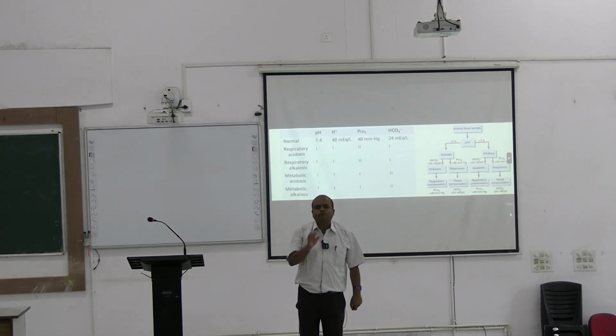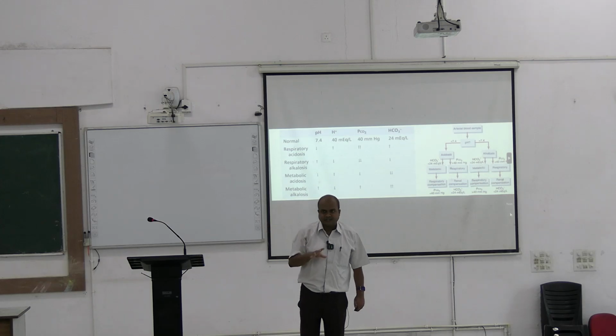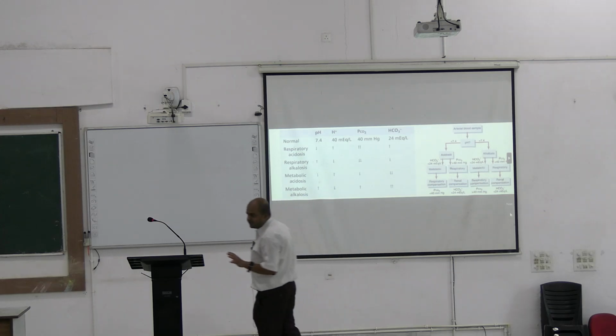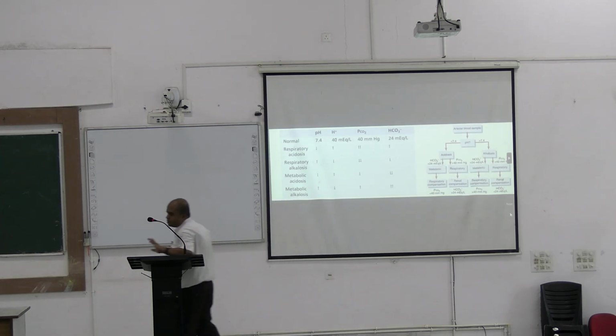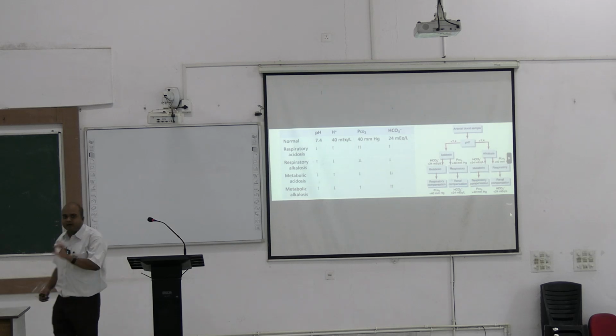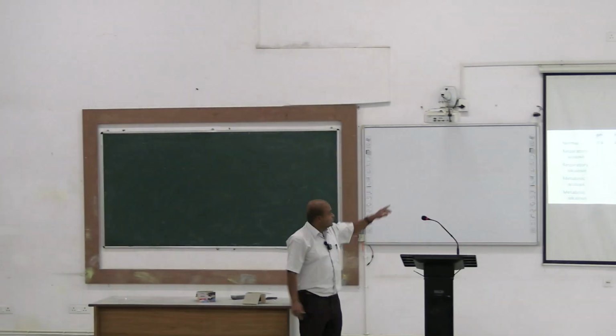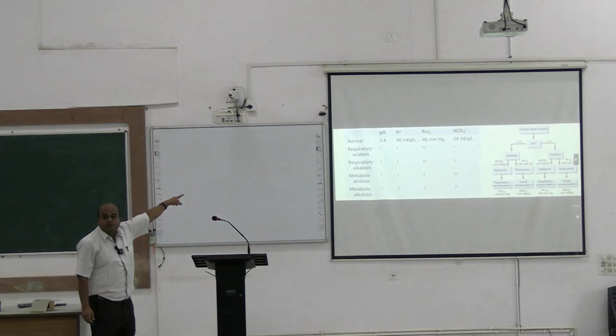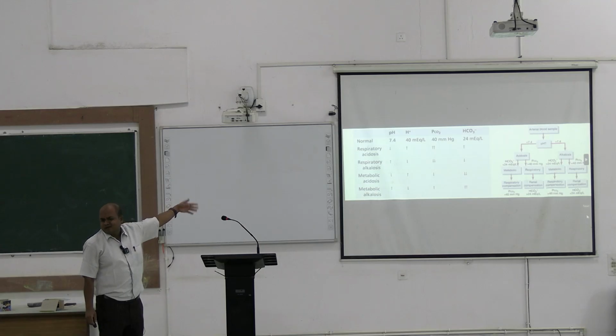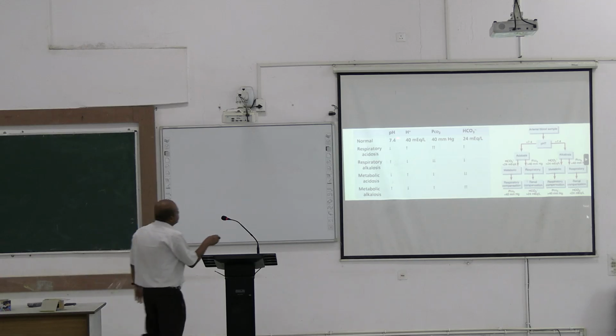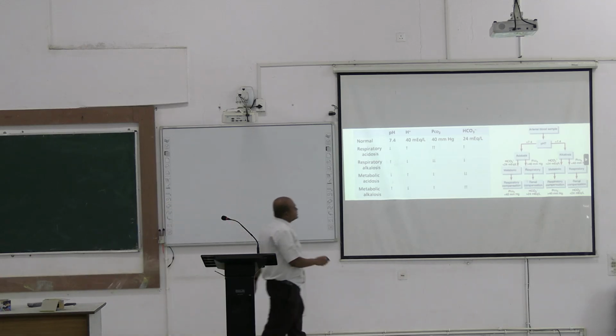We should not say the normal is 24, we should say 22 to 26. It is a range. It cannot be a single figure, as I have told through all of physiology. Nothing can be a single figure. PCO2 is 38 to 40 something, and H plus is also like that. pH we take as 7.4.